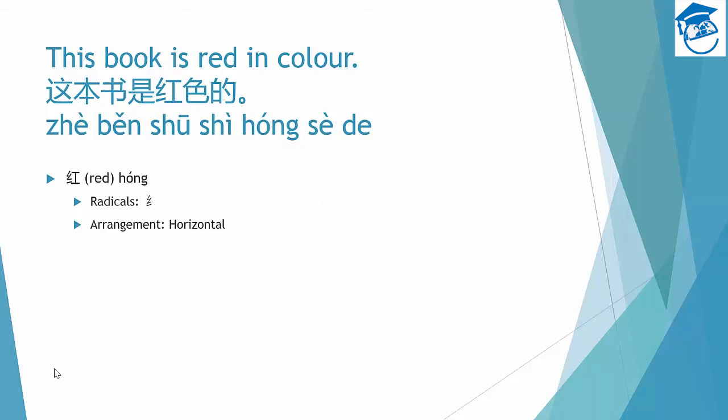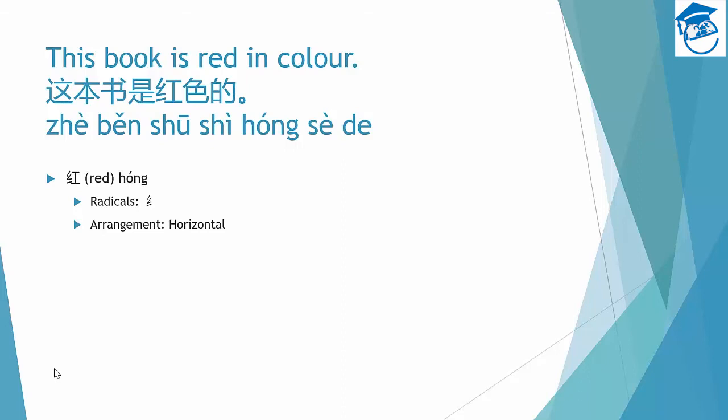Okay, so for this sample sentence, you can see that we are using 的 at the end of the sentence because when you are saying this book is red in color, it cannot end with just an adjective. But to say 这本书是红色的书 is redundant because you're referring to this book already.